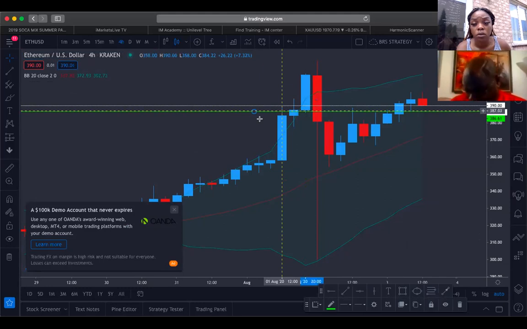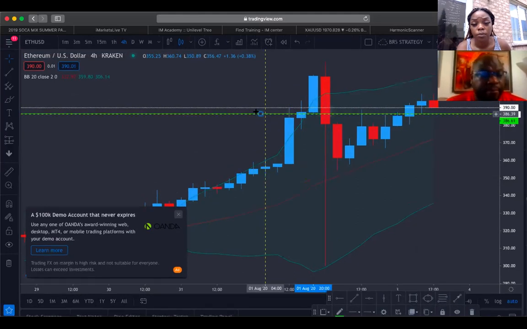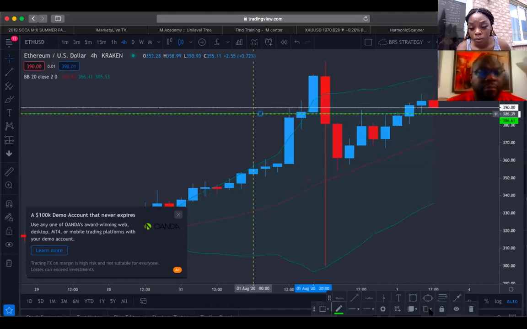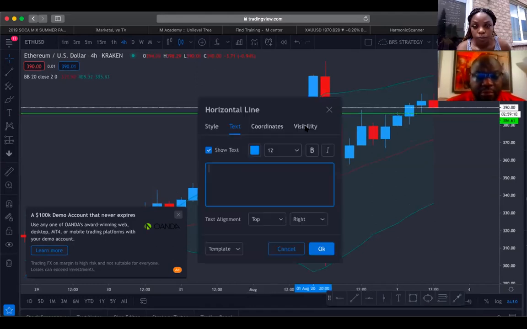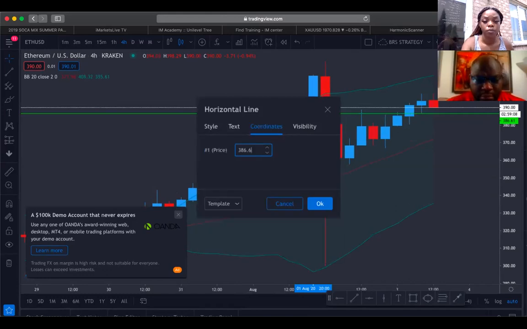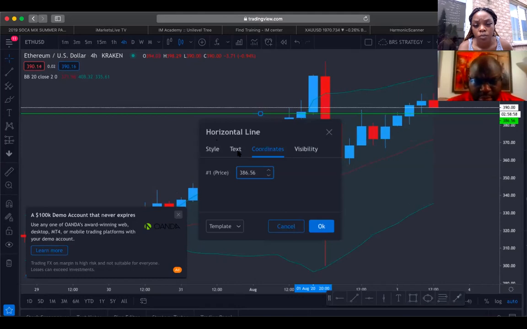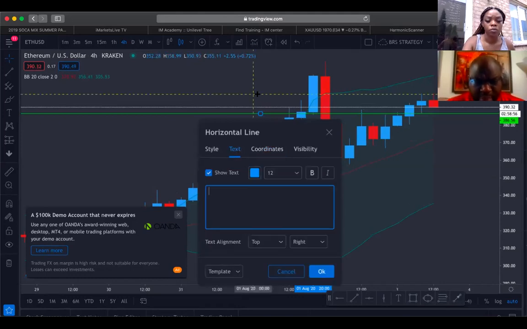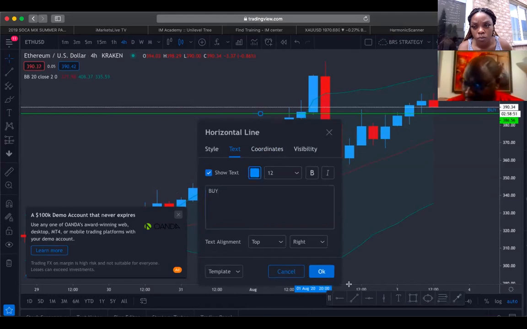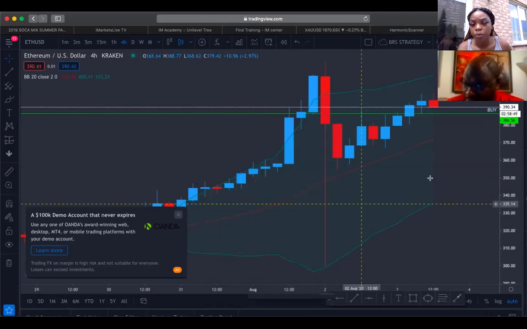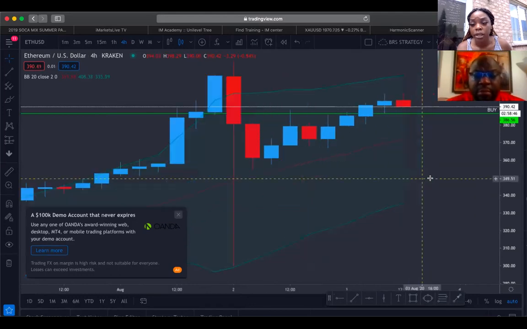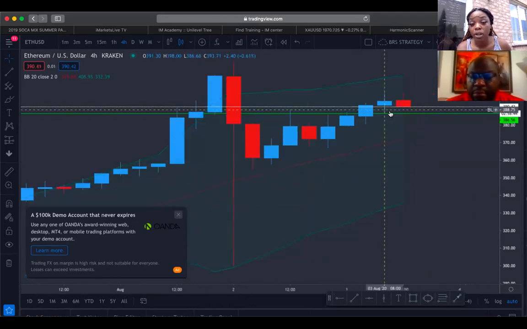Buy. Call to buy at 386.56. Is that where the call was made, or that's just where you entered in?